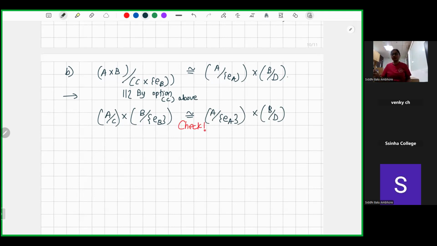Can we say anything about these groups here? Is this always true? Forget about the original statement which we had of this type. Using the C part, we got from here to here, and now we have to check whether this is true or not. What is your guess in this case?